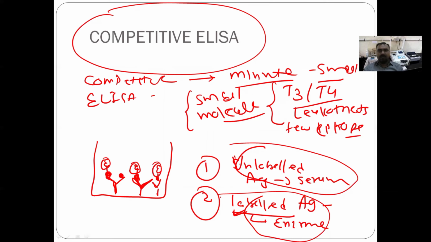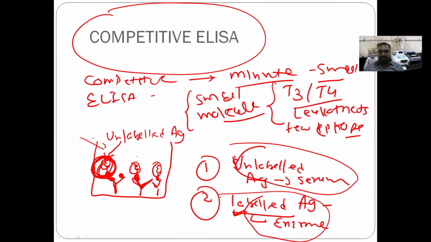Right. Now, first we add the labeled antigen and then we add the unlabeled antigen, that is present in the serum. When we add it, it will displace the antigen tagged with the enzyme, and the unlabeled antigen present in the serum will bind with this antibody.